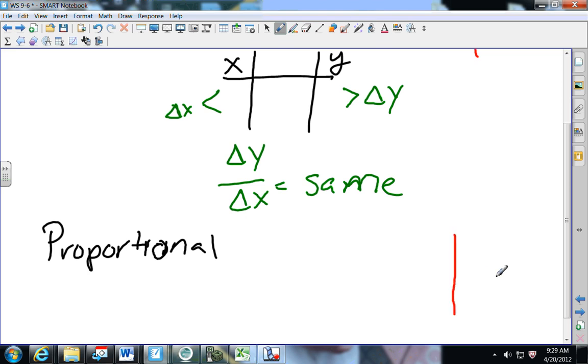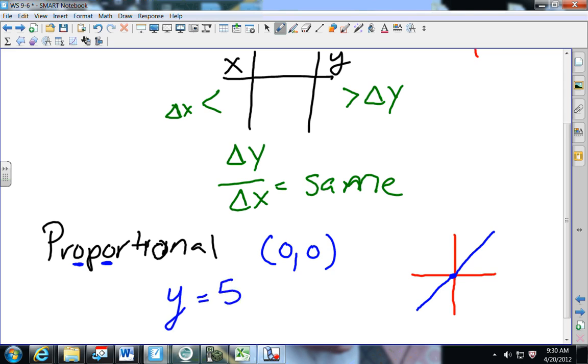Then, if it was proportional, it went through the origin, which was 0, 0. That's how you knew it was proportional, because then your equation would be, for example, y equals 5x, y equals 6x, 10x, because the y-intercept is 0.